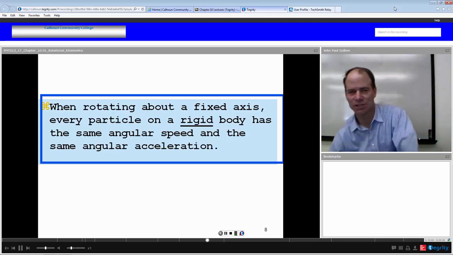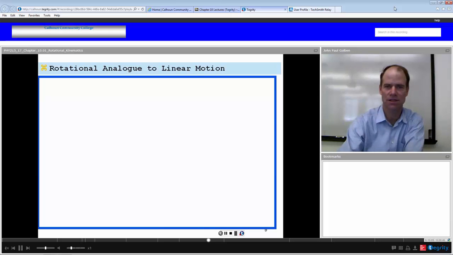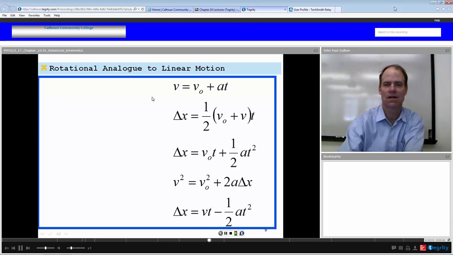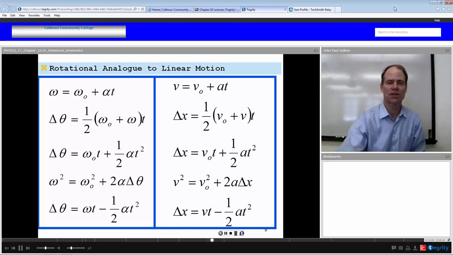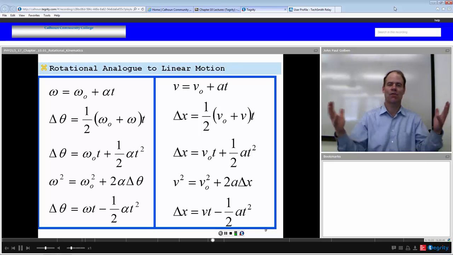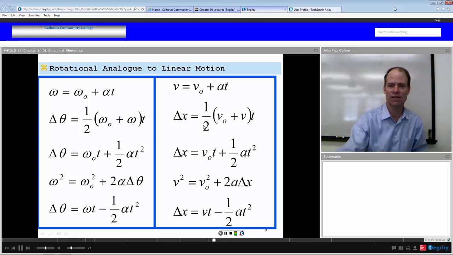So with these new variables and these new relationships, the kinematic equations that we know and love from Chapter 2 that deal with linear motion have come back in the form of angular motion. All we've done is replace our linear variables with their angular counterparts.